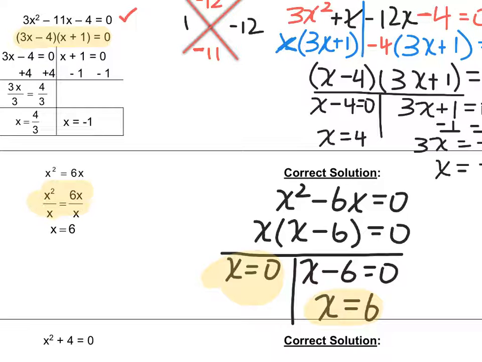Another is going to be x equals 6 or x equals 0. That's the correct answer. But if people go about it the wrong way, they come up with the wrong solution. Even though you got half of the answer, you're still losing all of the credit.